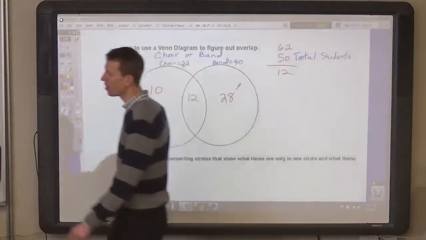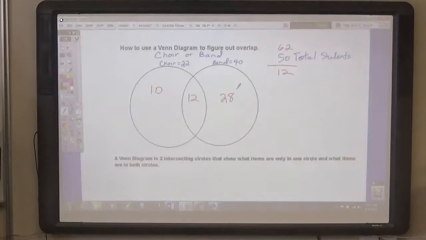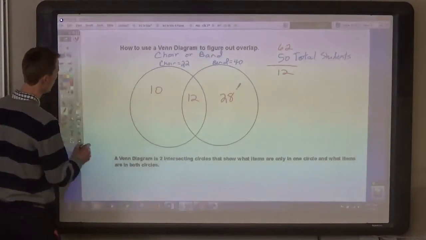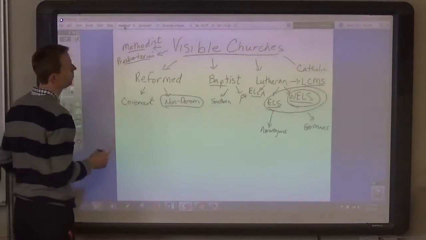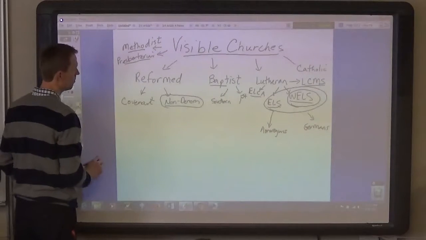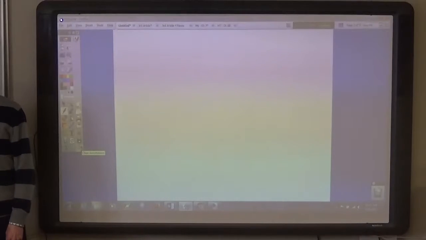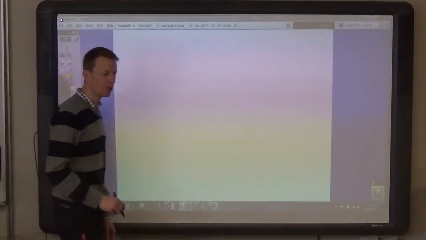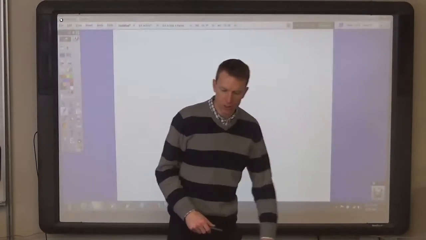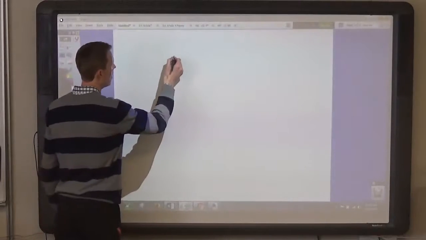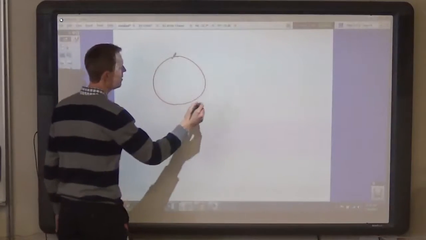Now, in your book, let's go to page 214. Page 214 has another Venn diagram. And this one is about commuter routes, ways that people get to work. And it has 3 circles.